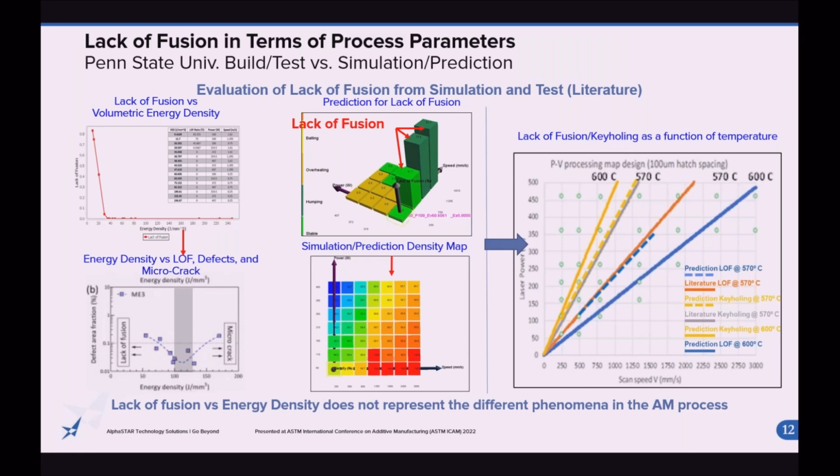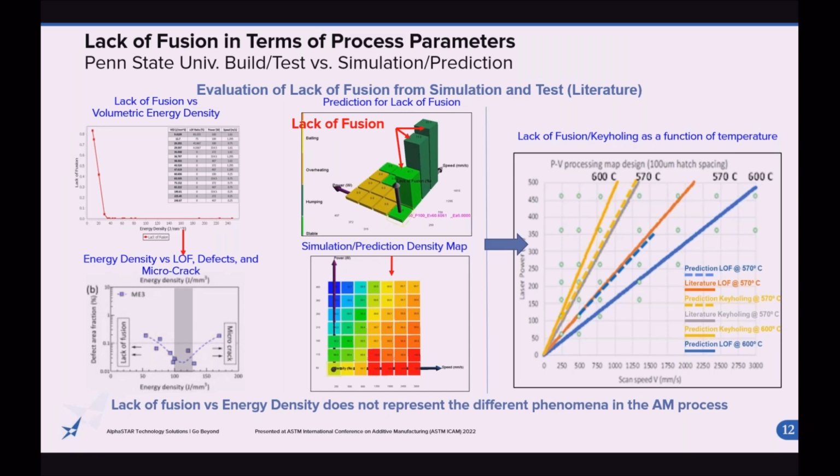So the tool set can allow you to predict the ideal density setting to minimize or mitigate potential anomalies. And so the process map can also be generated in terms of lack of fusion, as you can see on the upper half, and then also, if necessary, a density map for estimations of density related to the process parameter settings.